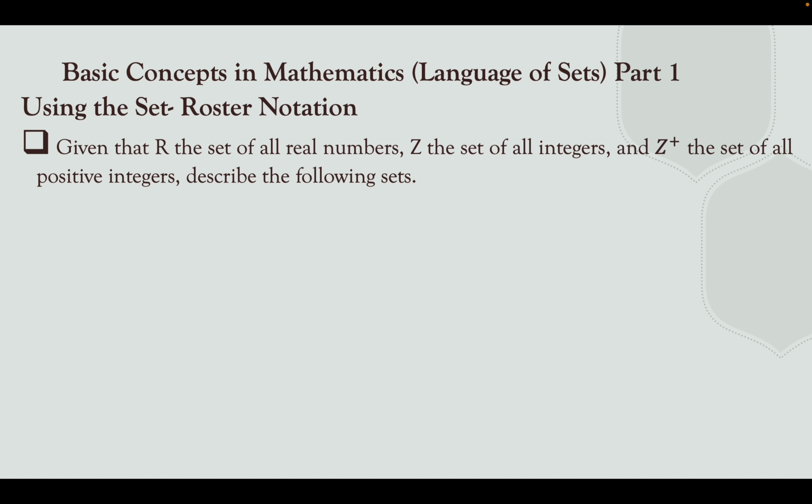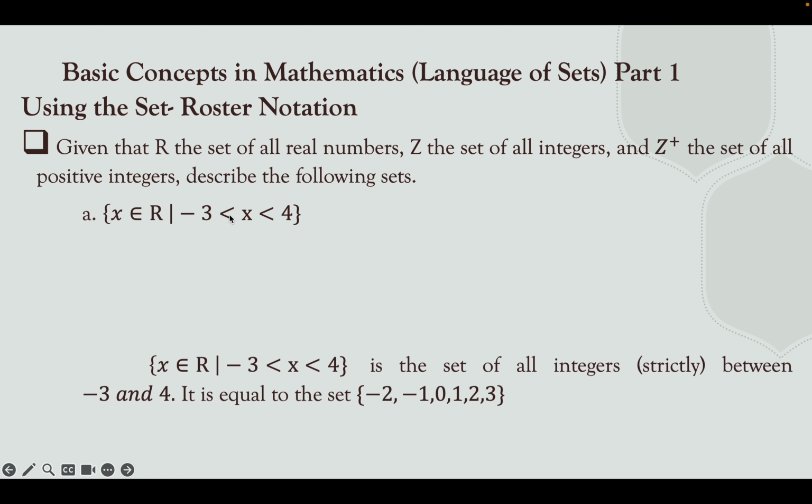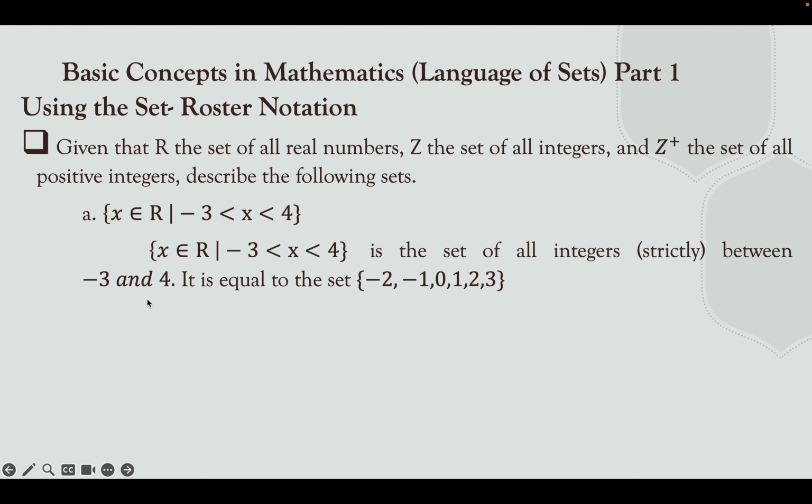So we have here some examples. Given that R is the set of all real numbers, Z is the set of all integers, and Z positive is the set of all positive integers, describe the following sets. So we have here the set of all elements of real numbers such that -3 is less than x less than 4. So what are the elements in the given set builder notation? That means what are the values strictly between -3 and 4?